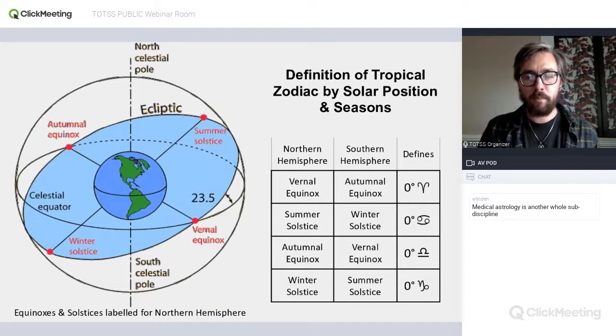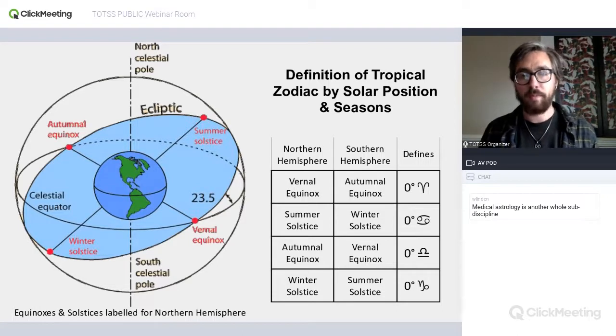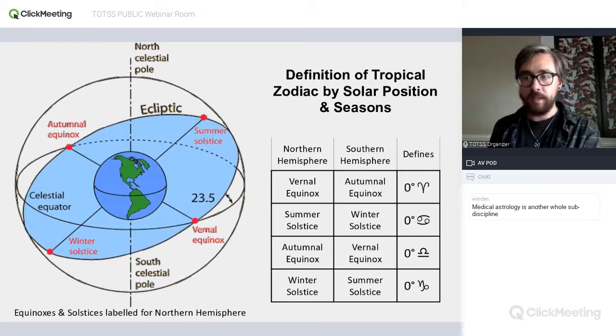I'm mostly going to use northern hemisphere terminology, because what is the summer solstice in the northern hemisphere is the winter solstice in the southern hemisphere. The solstices are reversed in the hemispheres, and the equinoxes are reversed as well. A week ago, we had the vernal equinox here in the northern hemisphere, but that was the autumnal equinox in the southern hemisphere.